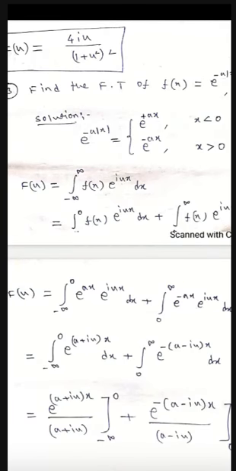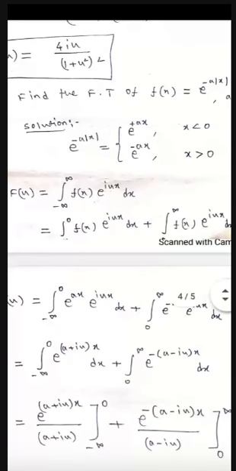Minus infinity to 0 f of x e power iux dx plus 0 to infinity, bifurcated into two forms as in the previous problem. There is no change, it is the same as the previous problem. You can verify: there it was e power minus x, e power minus mod of x, and here it is just e power minus a into mod of x. That is the only difference. So minus infinity to 0 I will take.